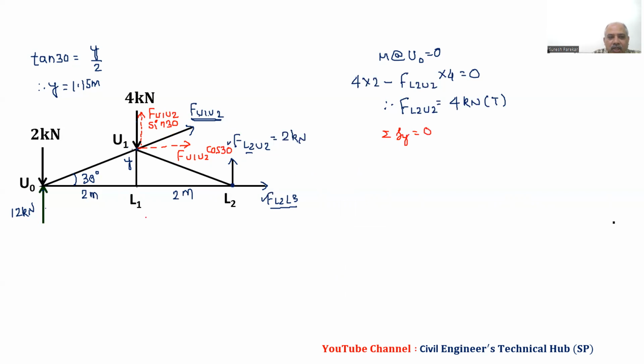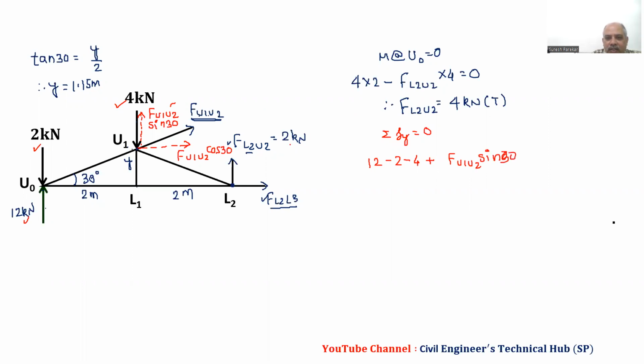We have 12 kilonewton upward and 2 kilonewton downward, so 12 minus 2. Then the 4 downward, so minus 4. F U1U2 sin 30 upward, so plus F U1U2 sin 30.